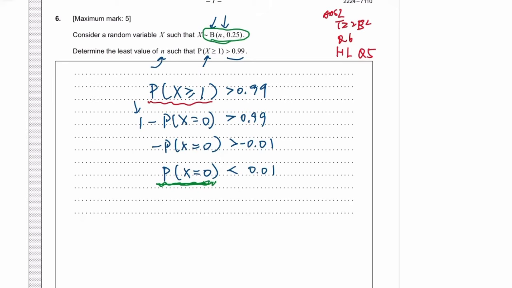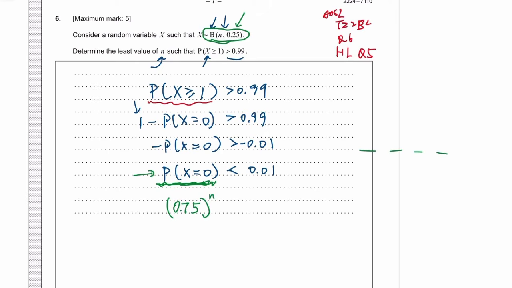Now, the probability of success is 0.25. So the probability that you get one failure should be 0.75, right? 1 minus that. But in all n trials, you need to have all fail, right? So all n trials are fail. So the probability for that to happen would be 0.75 to the power of n, right?